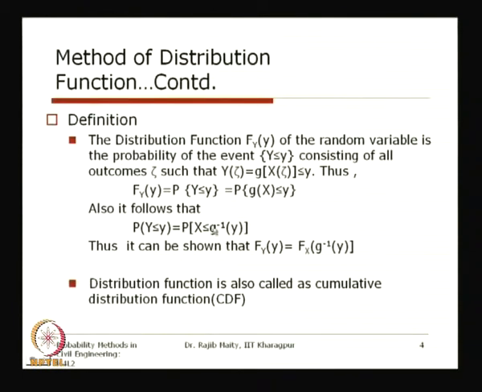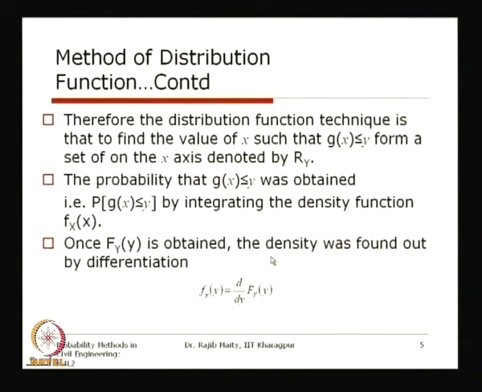Now, the probability of X less than or equal to a specific value we can easily get from the properties of the random variable X, whose cumulative distribution is F_X, for that specific value g inverse y. Once I get this cumulative distribution function, we can differentiate it to get the probability density function.